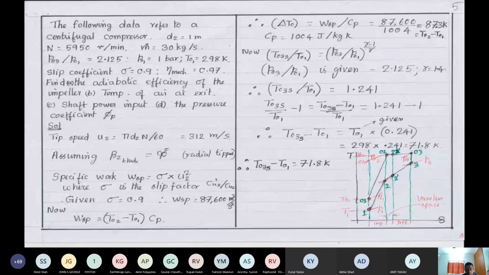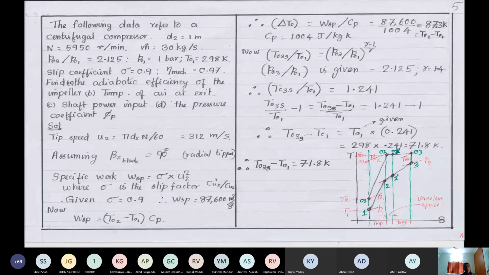T01 is 298 K. The slip coefficient sigma is equal to 0.9. Mechanical efficiency is 0.97. You are asked to find out the adiabatic efficiency of the impeller, temperature of air at exit, shaft power input, the pressure coefficient psi P.